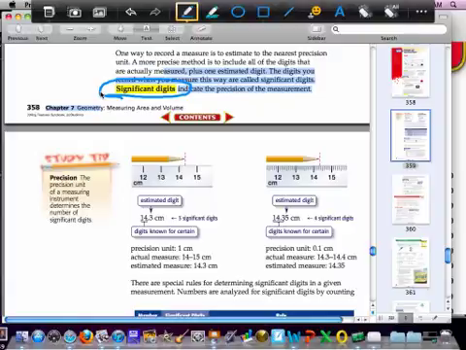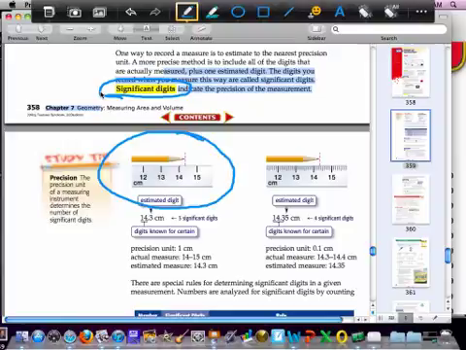We can use the precision units that are on the device, but we can always estimate one more place beyond that, and that is a better measurement. When we do that in science, we do this a lot in chemistry, physics, and such, we call that significant digits. So let's take a look at this example here.